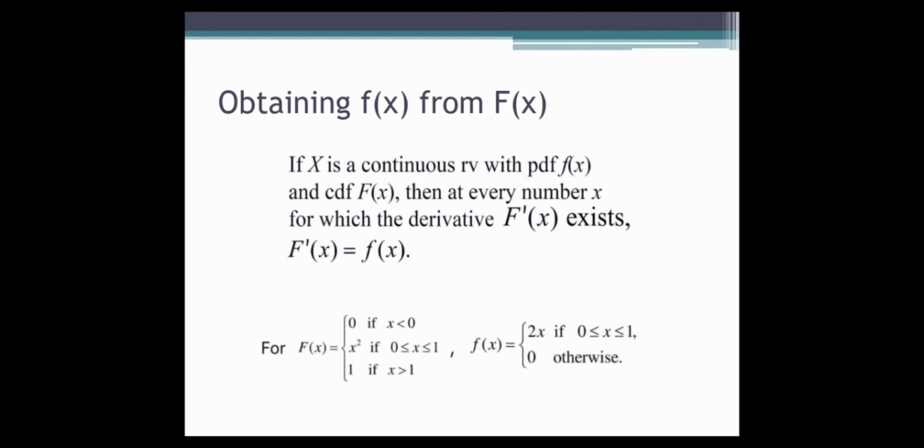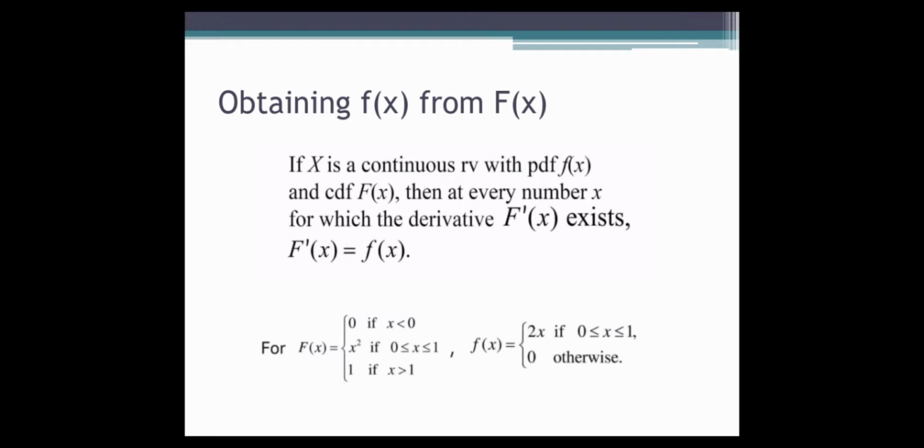Next is obtaining f of x from F of x. If x is a continuous random variable with PDF f of x and CDF F of x, then at every number x for which the derivative of F of x exists, the derivative of F of x is equal to f of x.